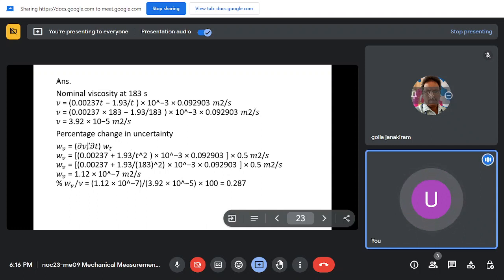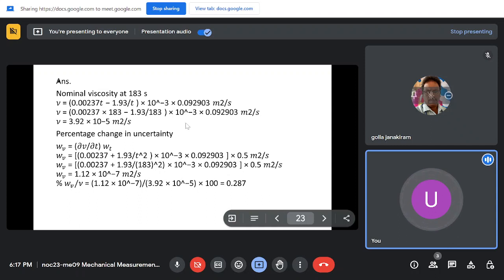We know v, the nominal viscosity relation. We differentiate this with respect to time, and we get 0.00237 plus 1.93 by t square, because this is 1 by t, and minus becomes plus, into 10 power minus 3 into the constant 0.092903.